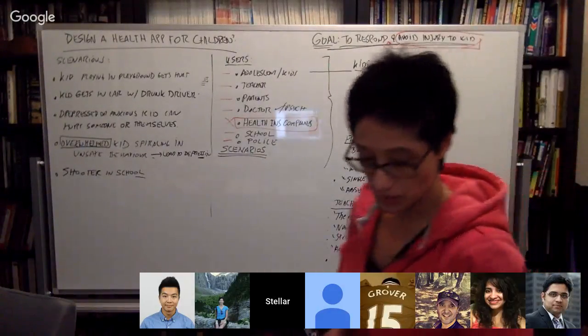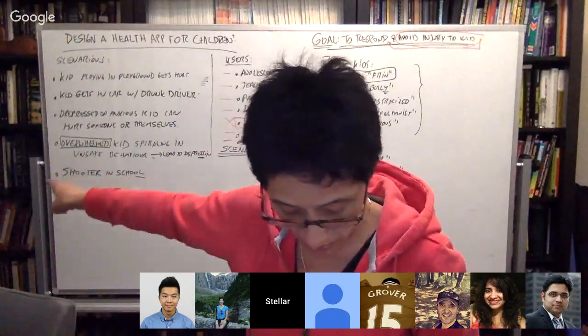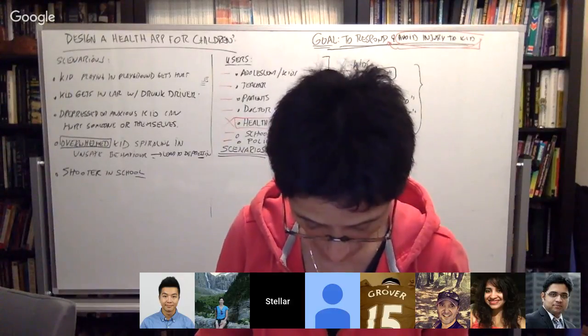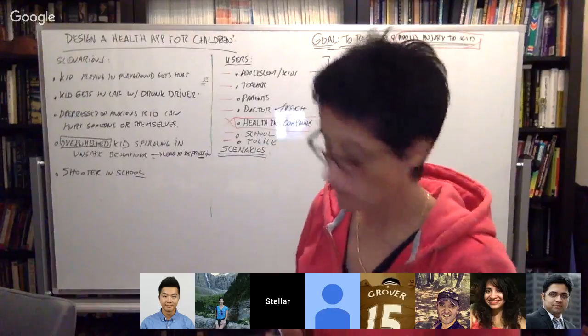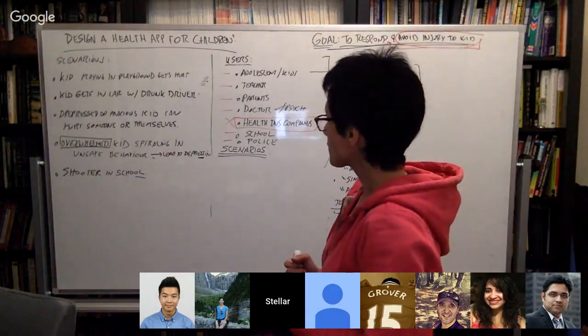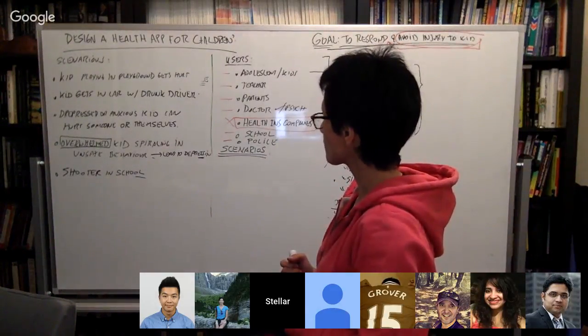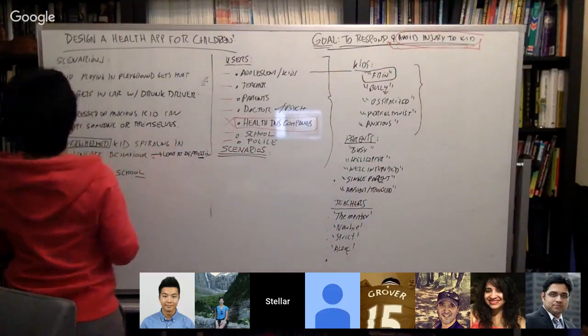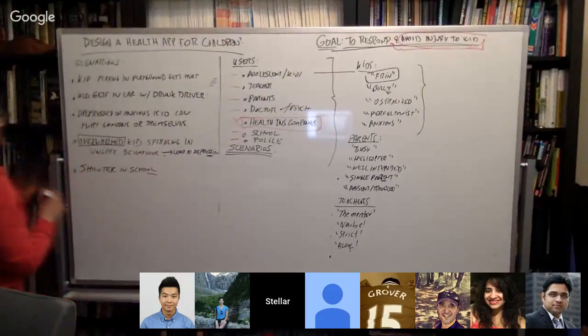Good. Any other ideas? Any other use cases or scenarios? Kid obesity. Do we have that covered? Obesity is a big one.